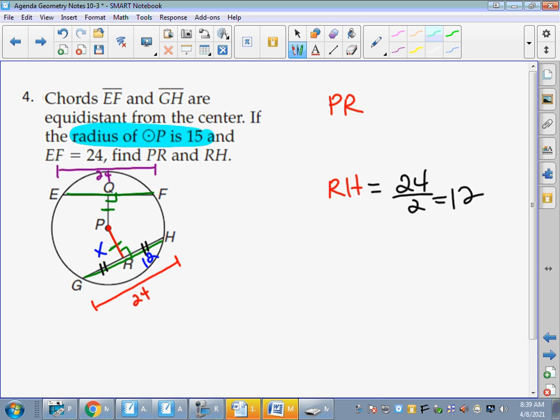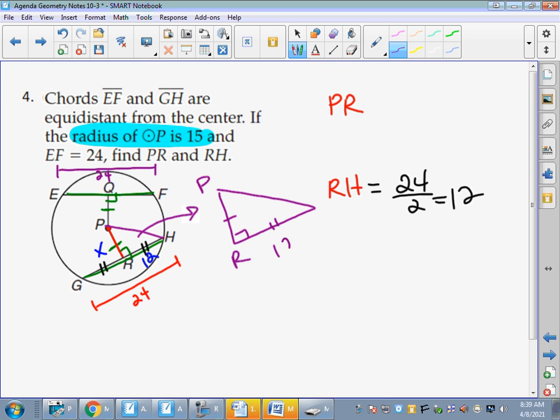I'm going to put an X on here. And this is like that problem that we did a couple minutes ago. I don't really feel like I have enough information, but couldn't I draw in a radius? PH, so let me redraw this. So P is here, R is here where the right angle is. I've got a dash there, double dash on here.